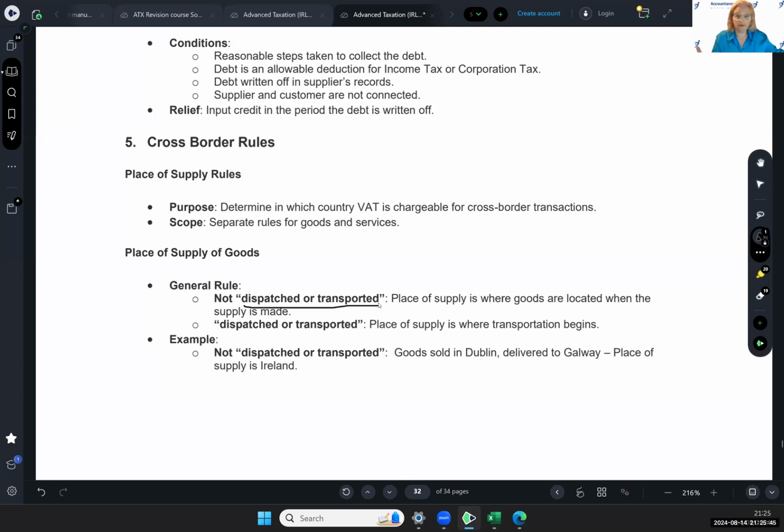Irish VAT applies. I don't need to figure out where the place applies because it happened in Ireland. So what dispatched or transported means, it's not the general interpretation of the words, it's that the goods were dispatched or transported across a border. So if you want to write that on top of that for yourself, it means that they went across a border.